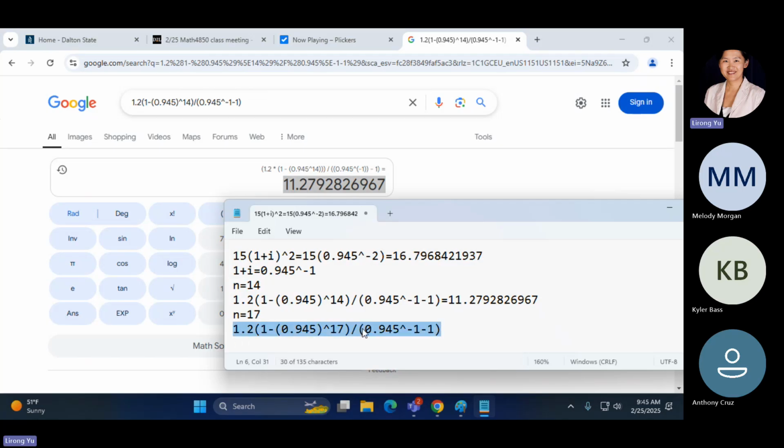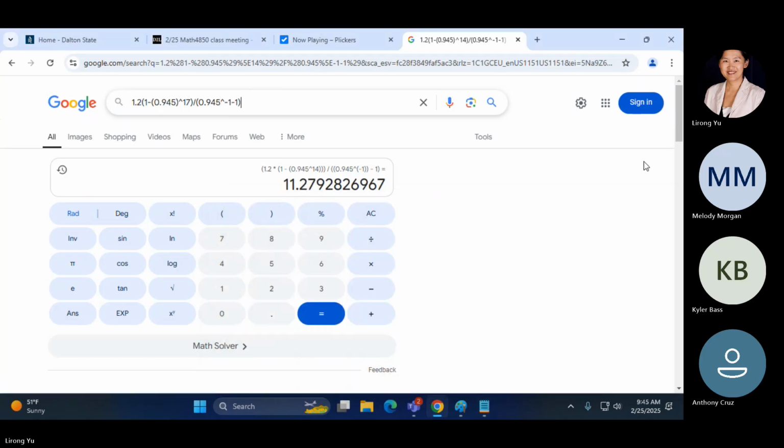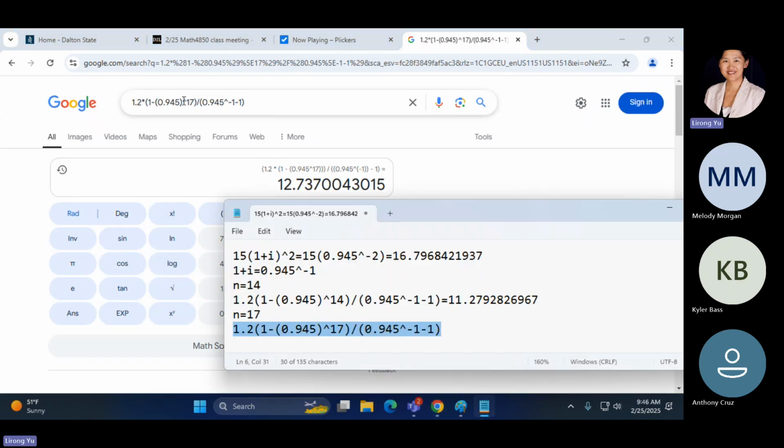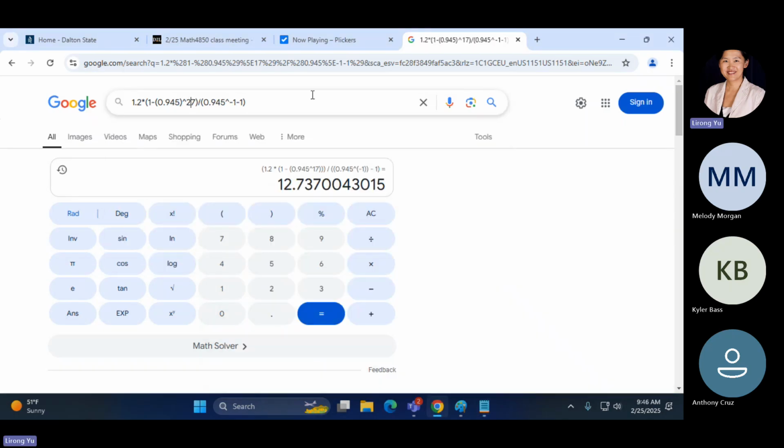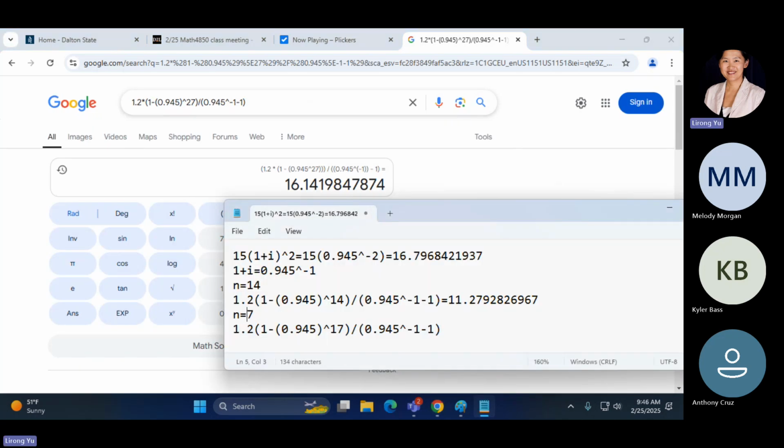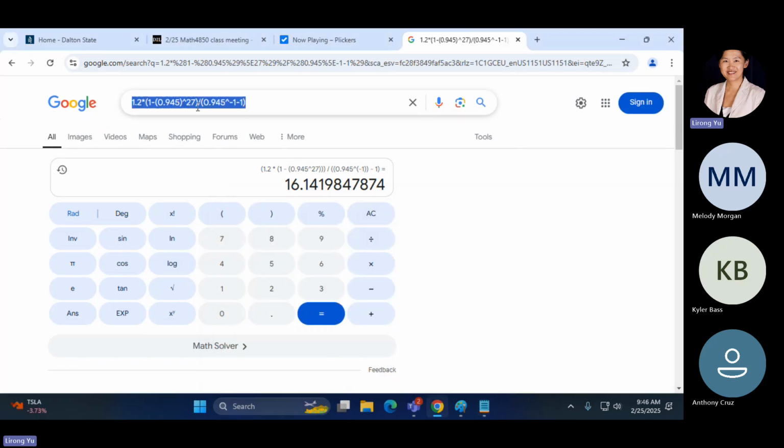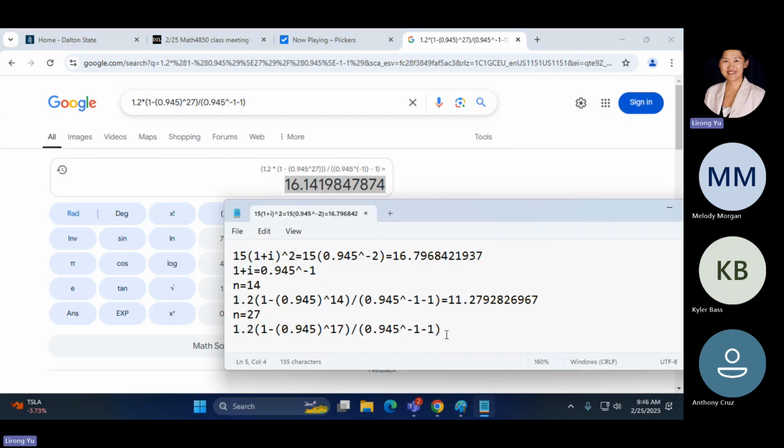You can see how it's been growing too. So small. Only 12. Okay, that's sweet. So then maybe 27. Okay, so if n equals 27, then the payment is close to 16. You can see in this question, we do not know how many payments.